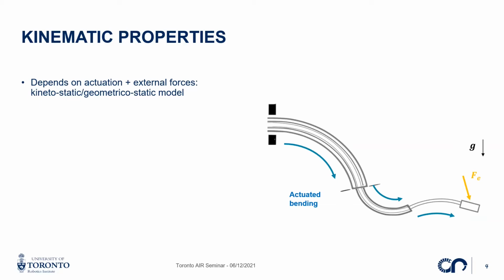And that's why we need to account for these external forces, and then we don't speak about a kinematic model of a continuum robot, but we often refer to a kineto-static or geometrico-static model. So that includes geometry and forces.